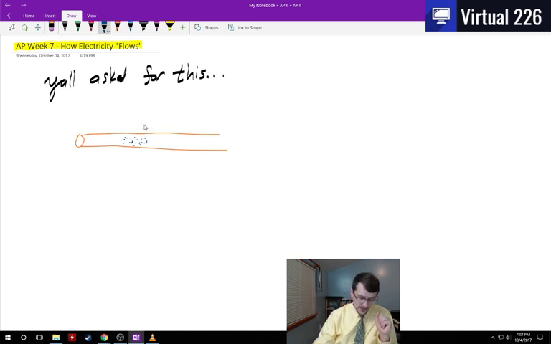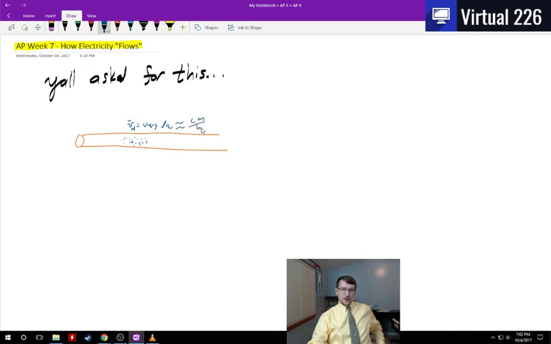But the drift speed, which we'll call VD for drift velocity, is very low. We're talking on the order of a few centimeters per hour, if that. It's super low.